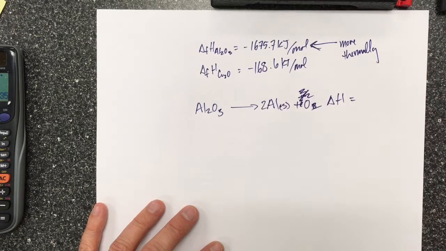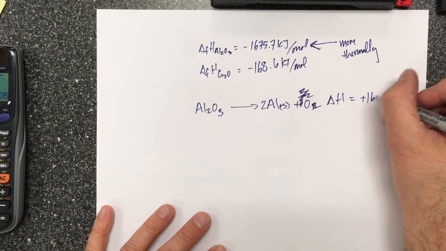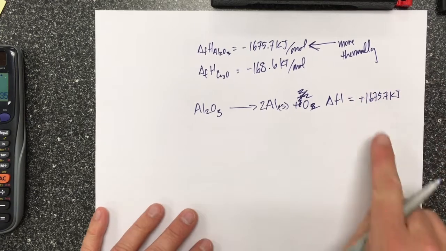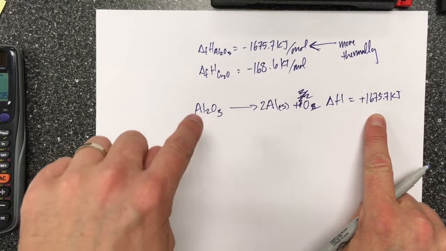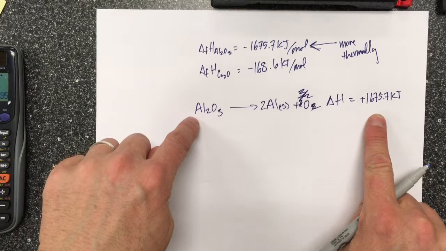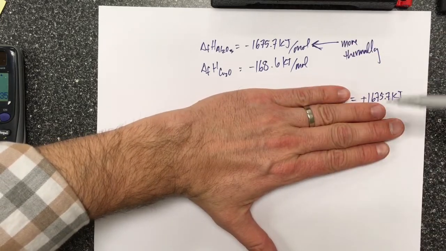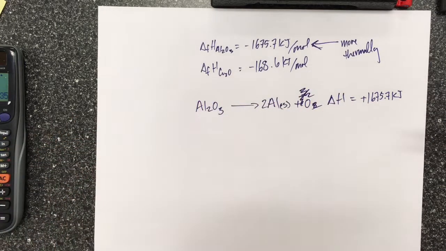Sorry, oh my goodness, terrible. My enthalpy here would be positive 1675.7 kilojoules. So essentially, it's going to take this much energy to break this down. So it's more stable because it takes more energy to break it down. And that can just be read directly off the formation enthalpy. The more negative the formation enthalpy, the more energy it takes to actually break the compound down.